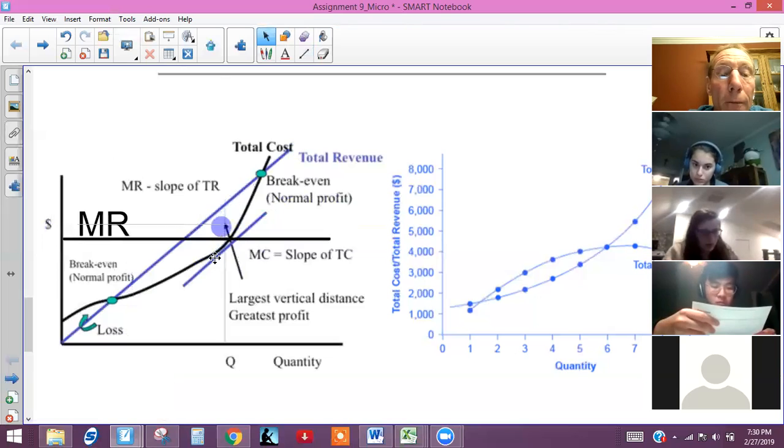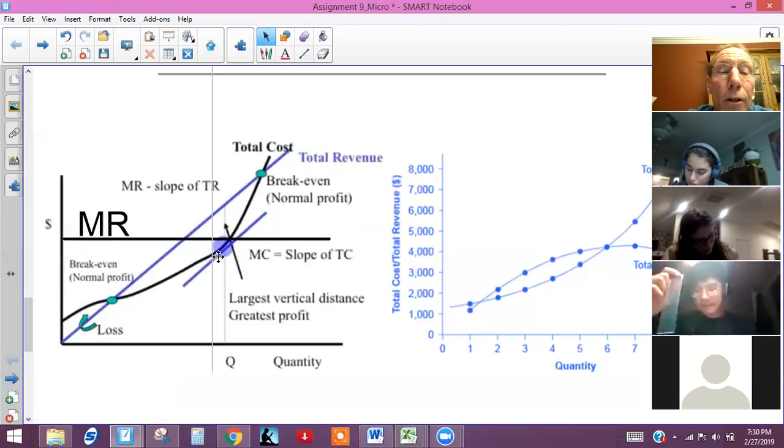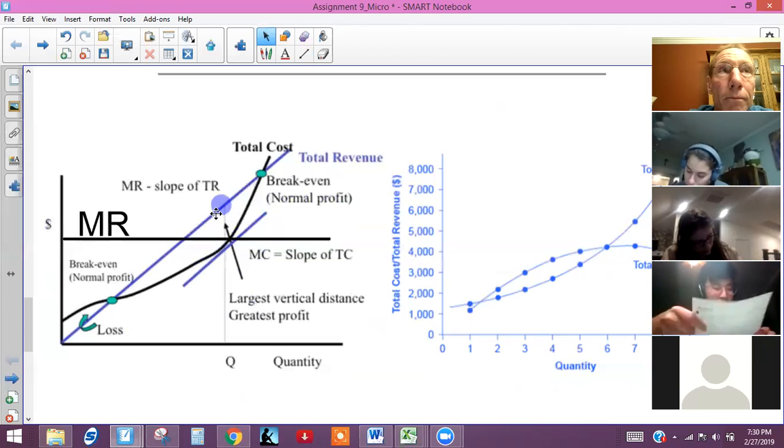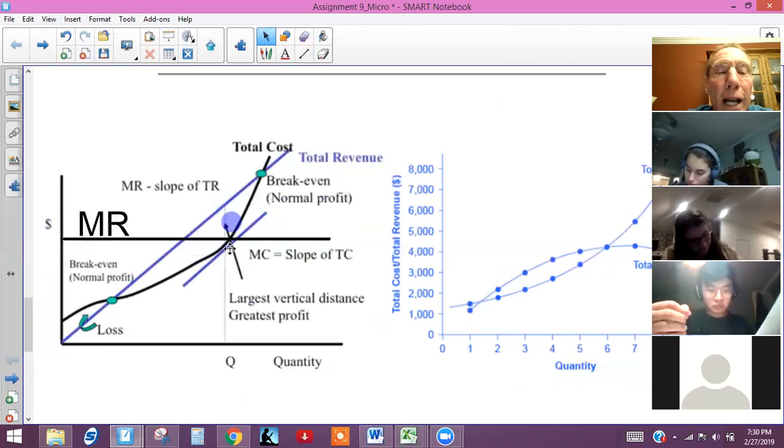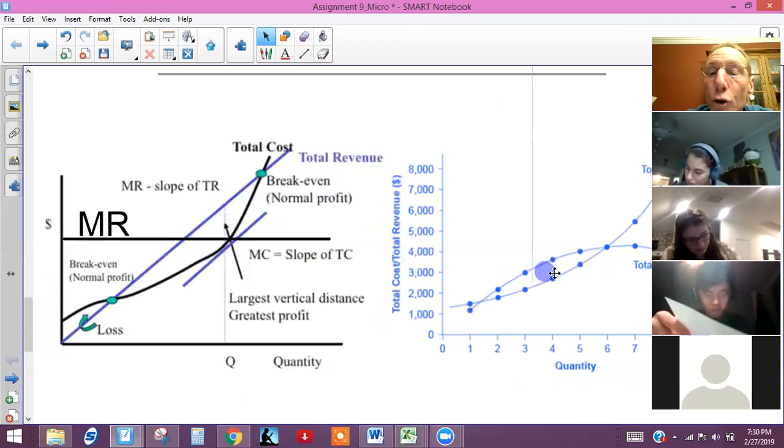So right about here is where they're going to make their most profit, because there's more of a difference right here between total revenue and total cost than anywhere else on here. So this is where their maximum profit is. Same is true here. Okay.